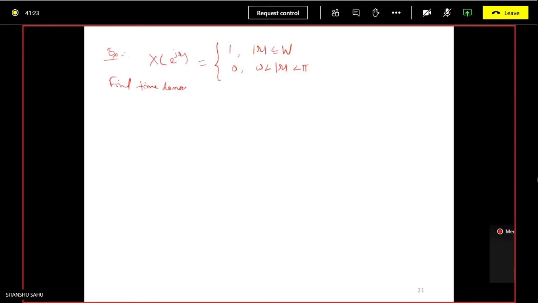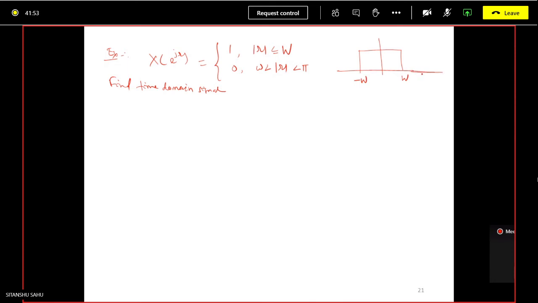If you see this one in the Fourier domain, it looks like a square function, going from minus w to w.